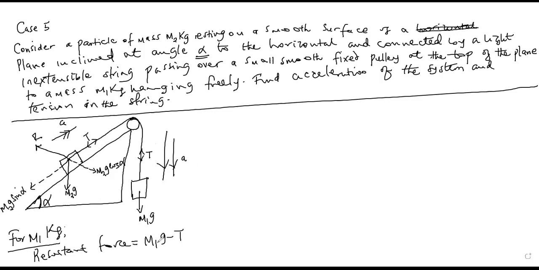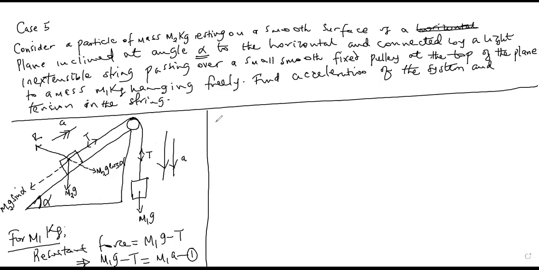So that my overall equation will become m1g minus T is equal to, F equals ma, which is m1a. I call this one my equation 1.